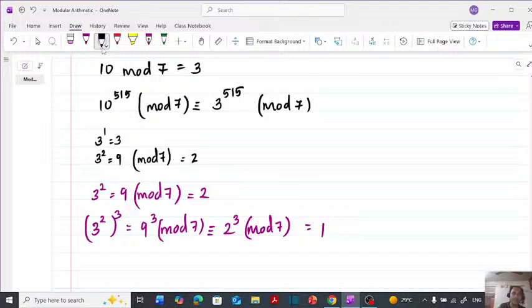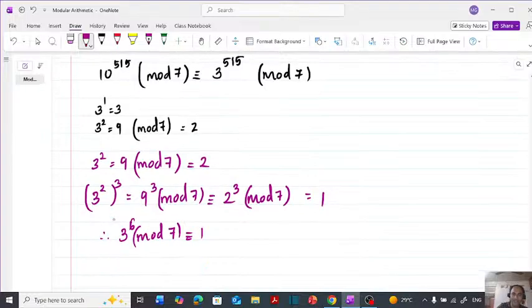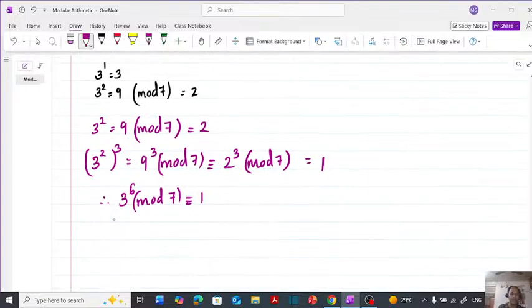So in short, I have derived here one very important understanding, that 3 raised to 6 mod 7 is going to behave like 1. Alright, so do you get that 3 raised to 6 is going to behave like 1? Having said that, let me help you out further.